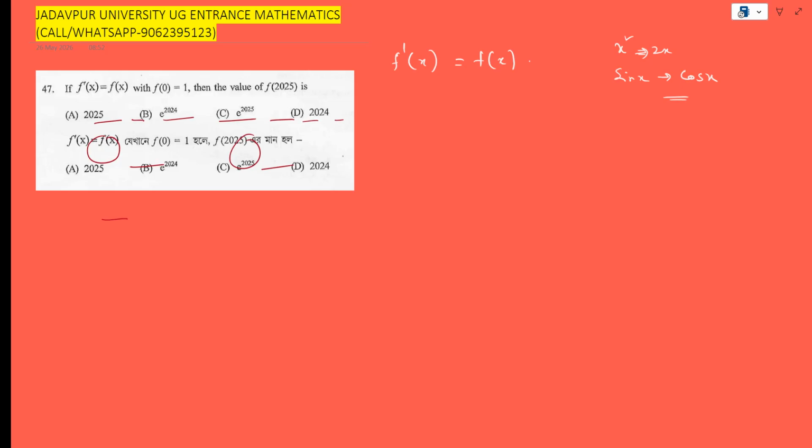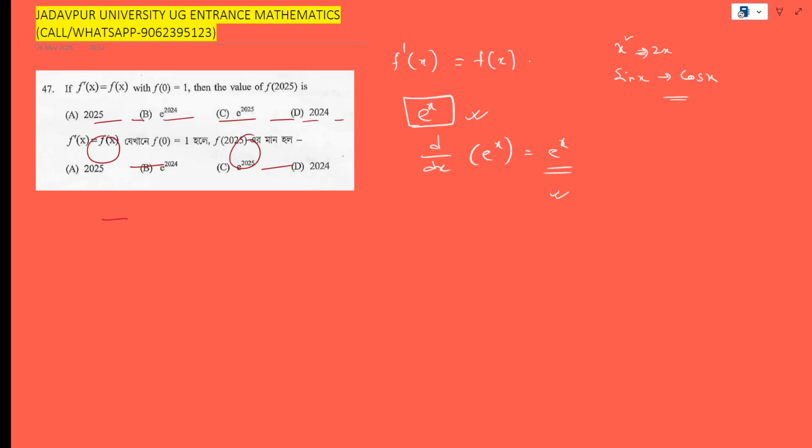Now, who is the Shah Rukh Khan of the functions? Who remains the same no matter how many times you differentiate? The answer is basically e to the power x. Yes, because d/dx of e to the power x is e to the power x, right? Again derivative, still e to the power x.